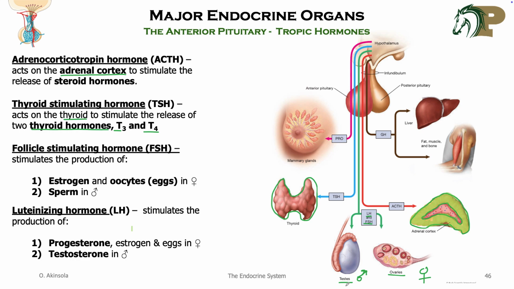Notice once again, let's start over here with ACTH. It's acting on the adrenal gland. The adrenal gland is an endocrine gland, therefore it is tropic. TSH, acting on the thyroid gland. The thyroid gland is an endocrine gland, therefore TSH is tropic. FSH and LH, acting on the 2 gonads, which are both endocrine glands, therefore FSH and LH are tropic, specifically gonadotropic.